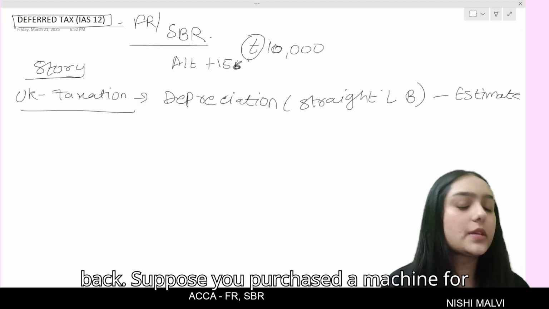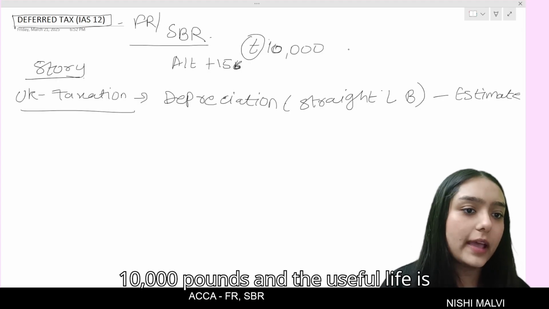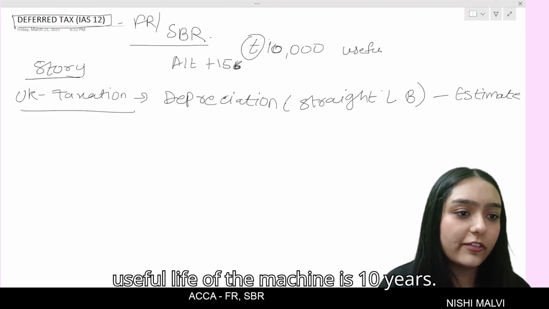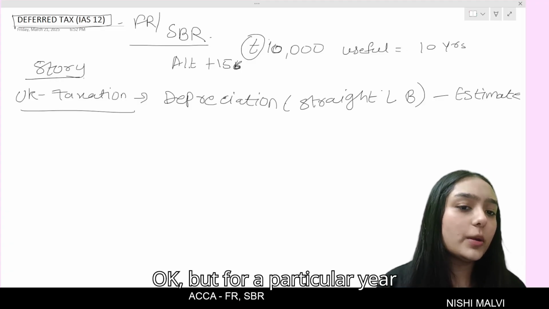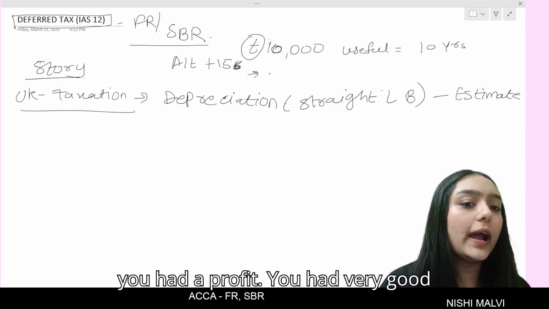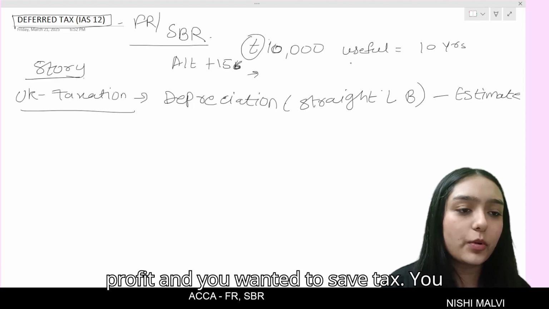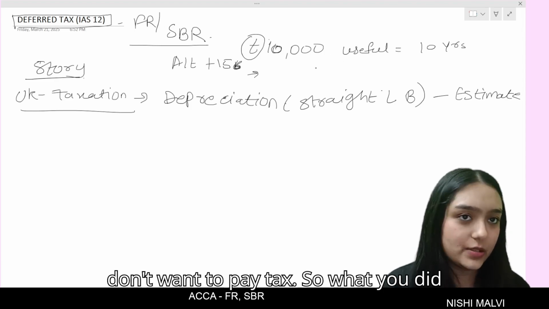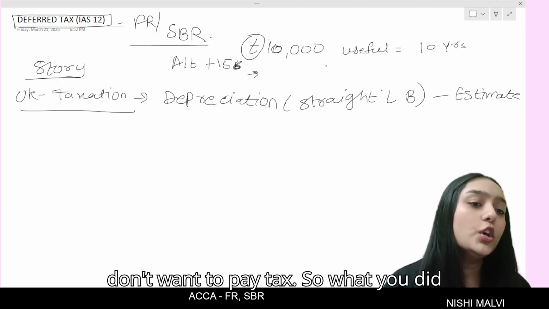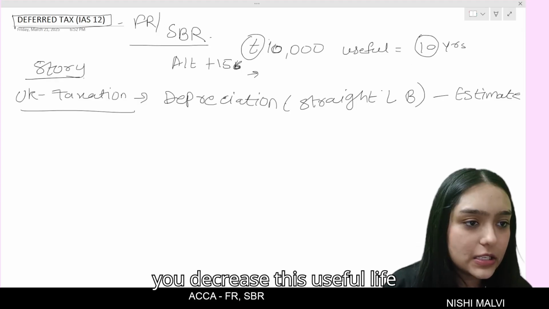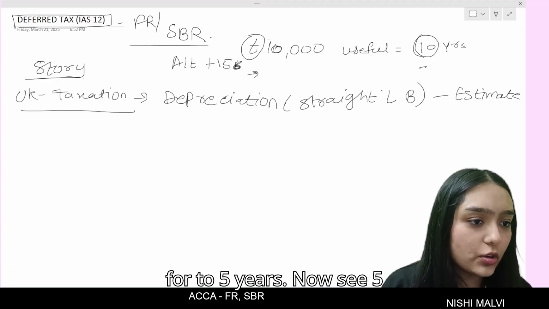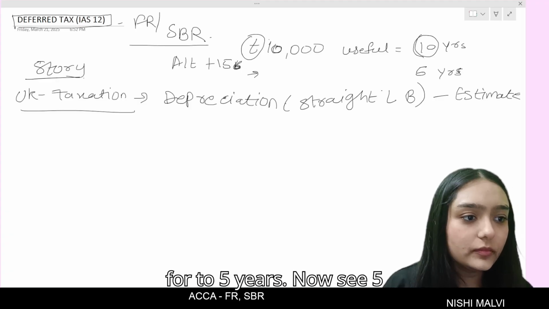Suppose you purchased a machine for 10,000 pounds and the useful life of the machine is 10 years. But for a particular year you had a very good profit and you wanted to save tax, you don't want to pay tax. So what you did, you decreased the useful life to 5 years.